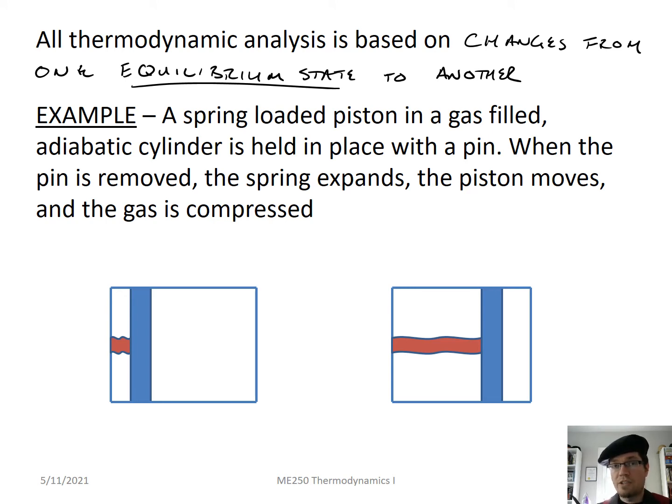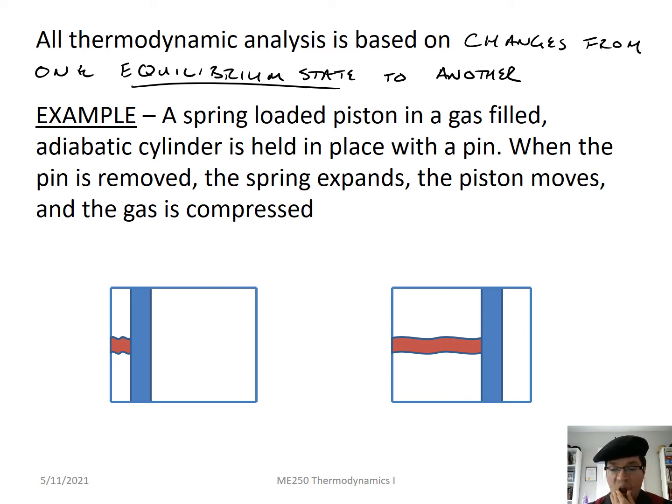We're less concerned about the process and more concerned with the endpoints, and that's so that we can have well-defined properties, defined well everywhere in the system, have a single temperature or a single density across the system because the system is internally in an equilibrium state.